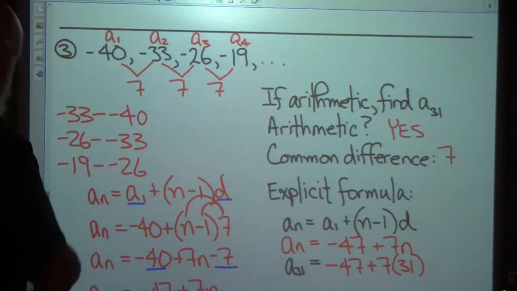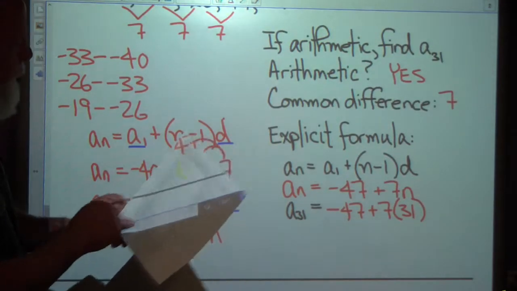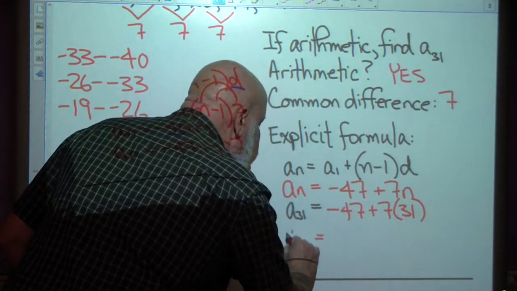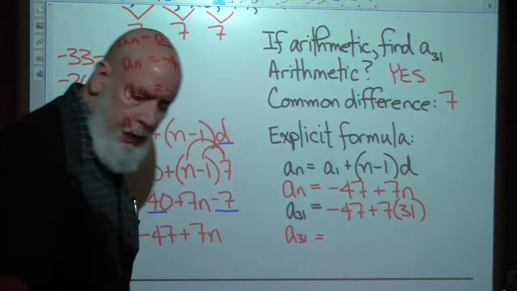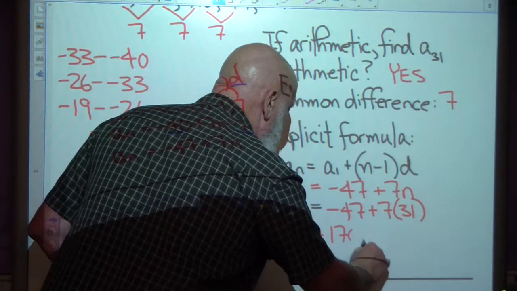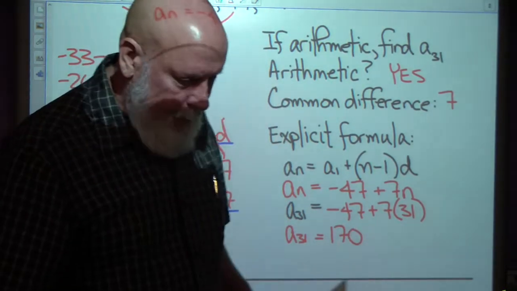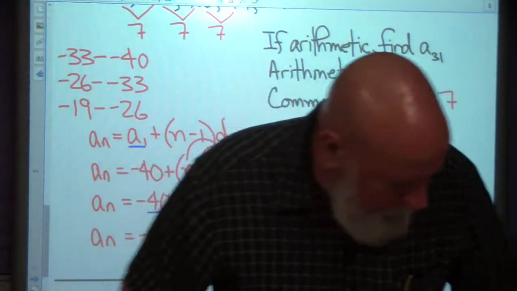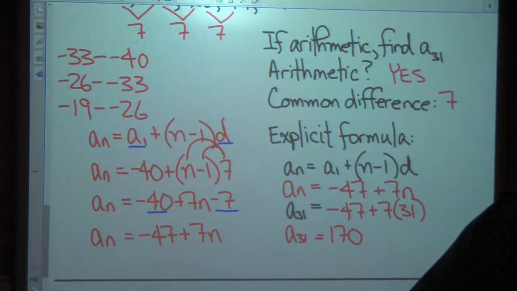I'm sorry. I was looking at the wrong answer. Should have highlighted it. Okay, so the 31st term is equal to 170. I'm going to highlight that real quick. So don't do that again. There we are.